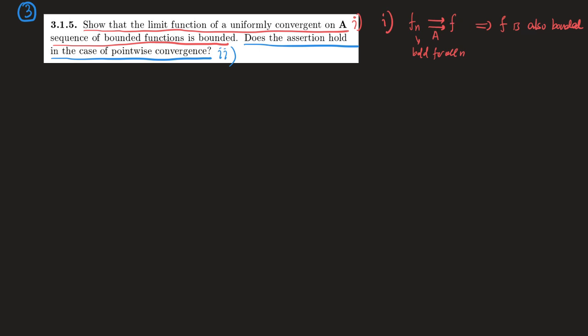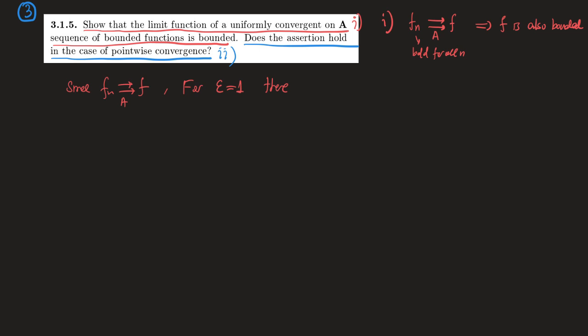Since the f_n's are uniformly converging to f on A, for epsilon equal to 1, since it is uniform, I can choose whatever I like.